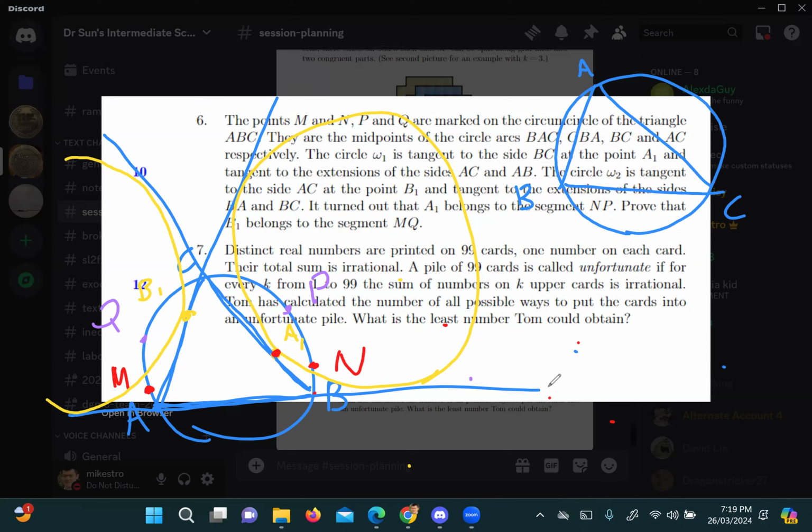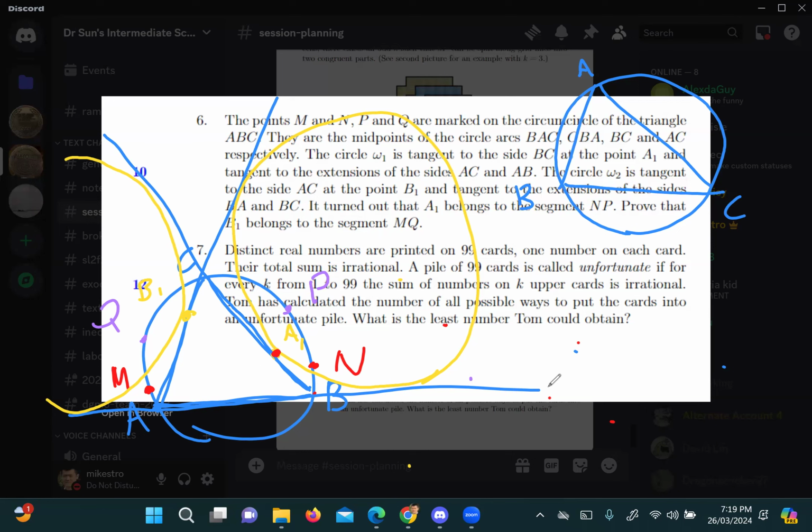Forget about this omega, forget about this B1. We want to simplify the problem. Don't think about omega 2, don't think about B1 right now. We'll just think about N, A1, P being collinear.